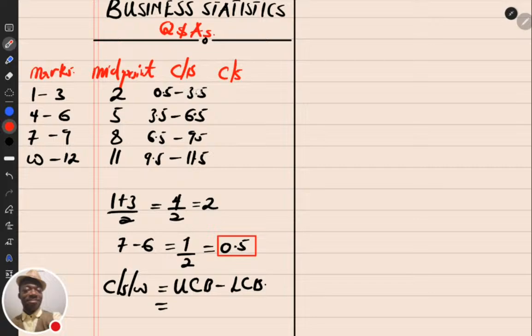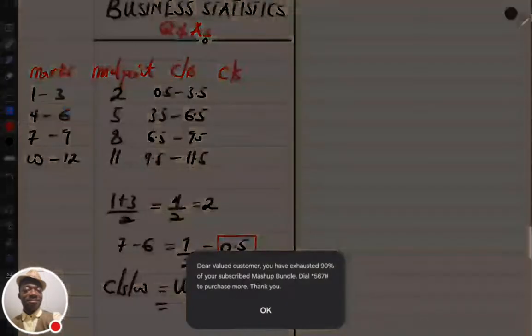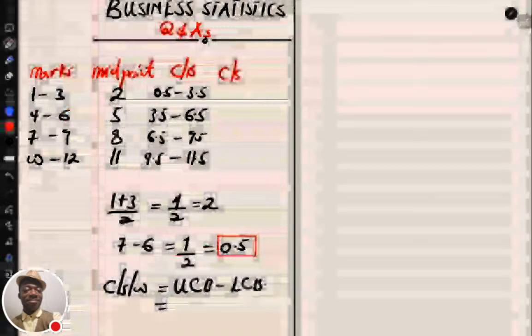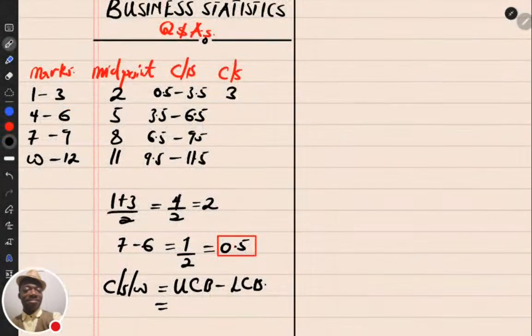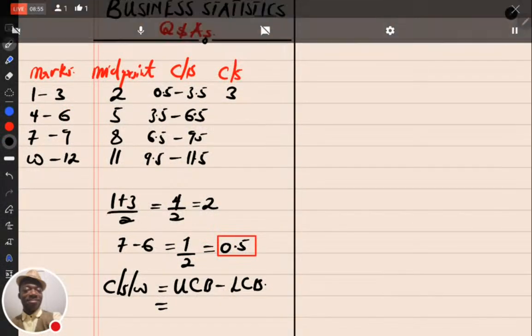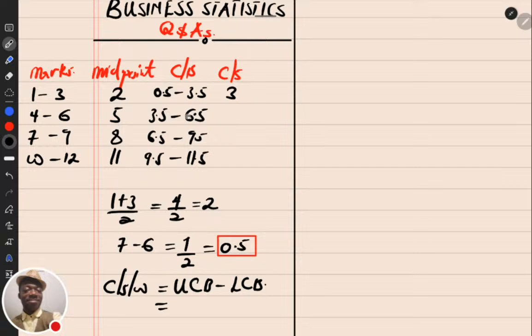Here, 3.5 minus 0.5 gets 3. Likewise here, the difference between 6.5 and 3.5 gets 3. So you can calculate that the class size is 3 throughout.